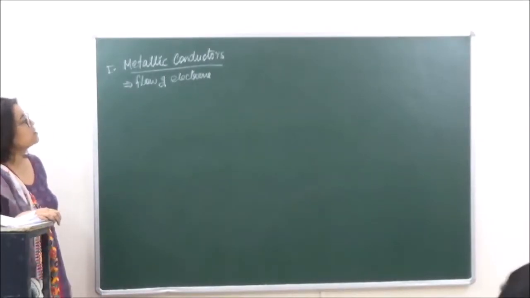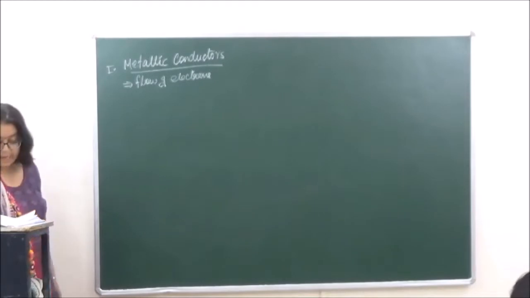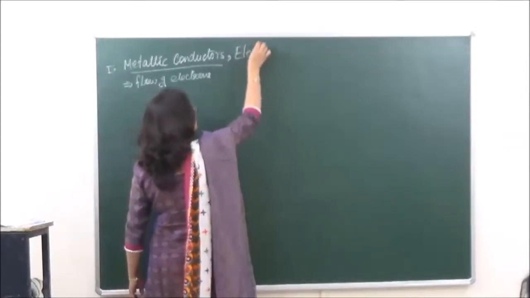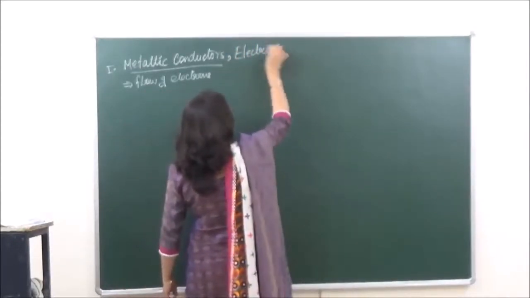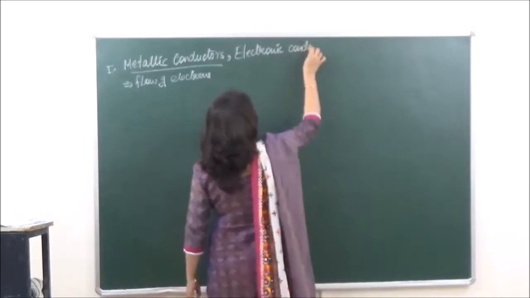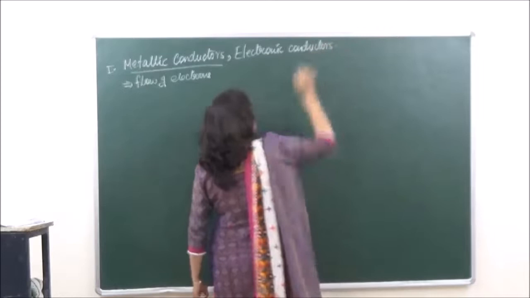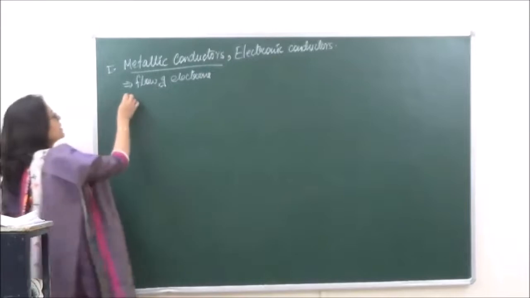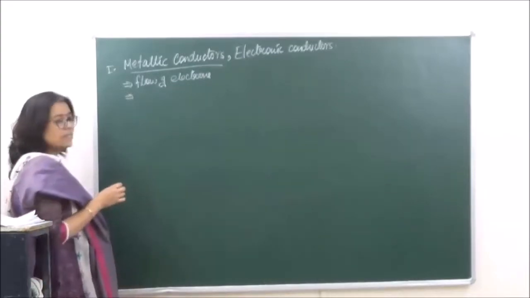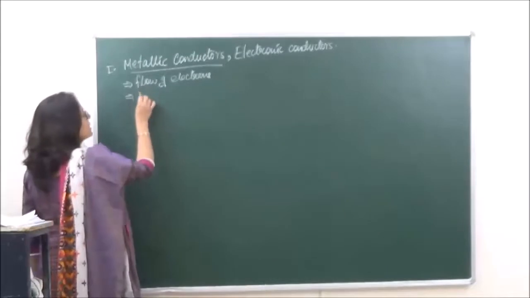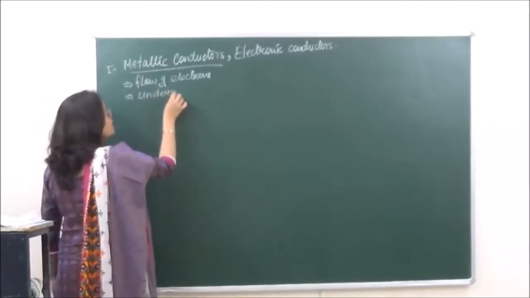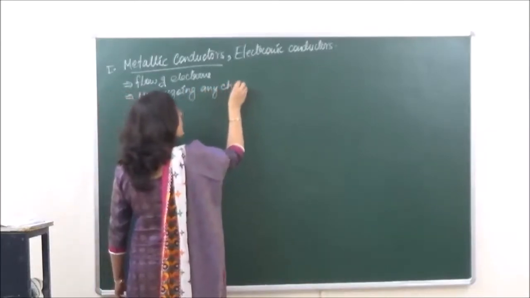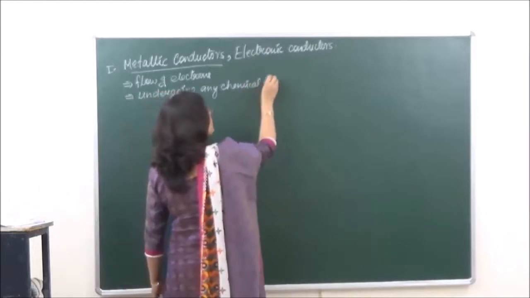Because these conductors conduct electricity due to flow of electrons, they are also known as electronic conductors. In this type of conductors, the substances or metals conduct electricity without undergoing any chemical change.